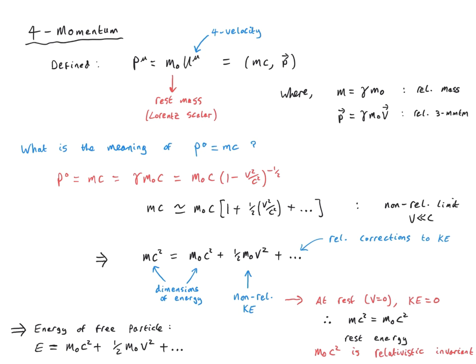So what we've identified here is that this whole object is equal to the total energy of a free particle. It consists of an intrinsic rest energy, m0 c squared, plus a non-relativistic kinetic energy, plus the relativistic corrections to the kinetic energy. Overall, this is the total energy of the relativistic particle.